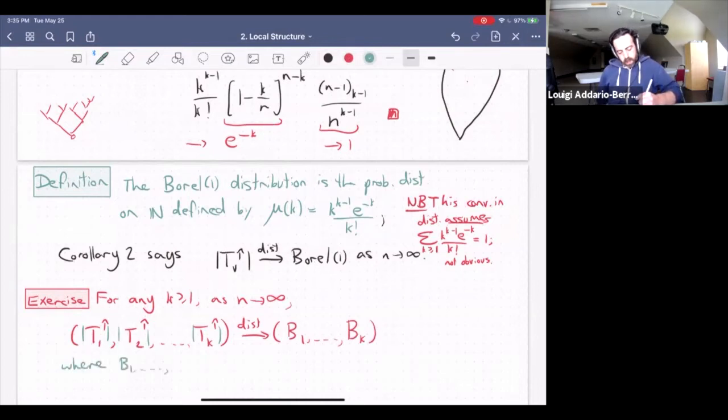So B1 up to Bk are independent and Borel 1 distributed.